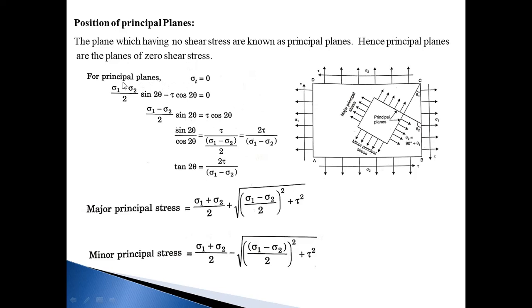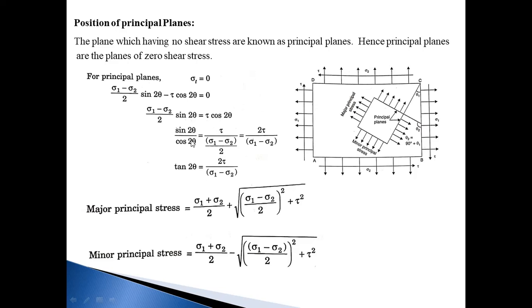So how do we find the principal planes? For the principal plane, the condition is sigma t is equal to 0. So we know the sigma t value, that is (sigma 1 minus sigma 2) divided by 2 into sin 2 theta minus tau cos 2 theta, and it becomes 0. So (sigma 1 minus sigma 2) divided by 2 into sin 2 theta is equal to tau cos 2 theta.